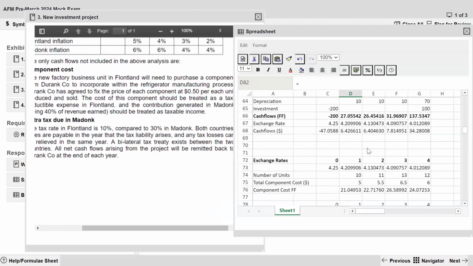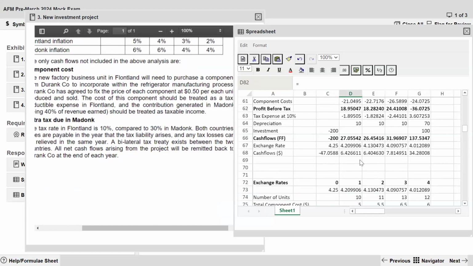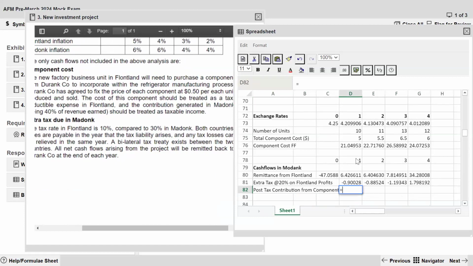So your contribution in terms of dollars is this into 40% multiplied by 1 minus 0.3. So the revenue multiplied by 40% gives you contribution, multiplied by 1 minus 0.3.